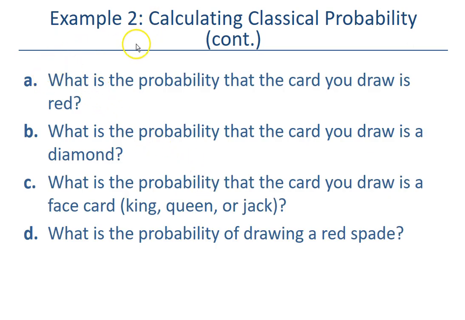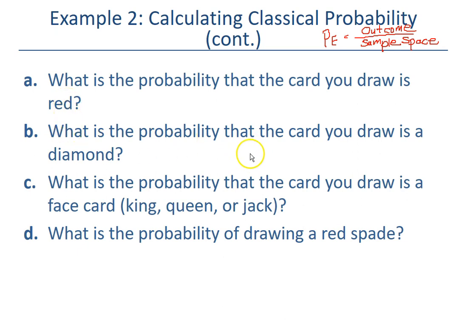So we're going to do some calculating now using classical probability. That is the formula, tie it in the math: probability of an event is equal to the desired outcome over the sample space. This is your classical probability. What is the probability that the card you draw is going to be red?